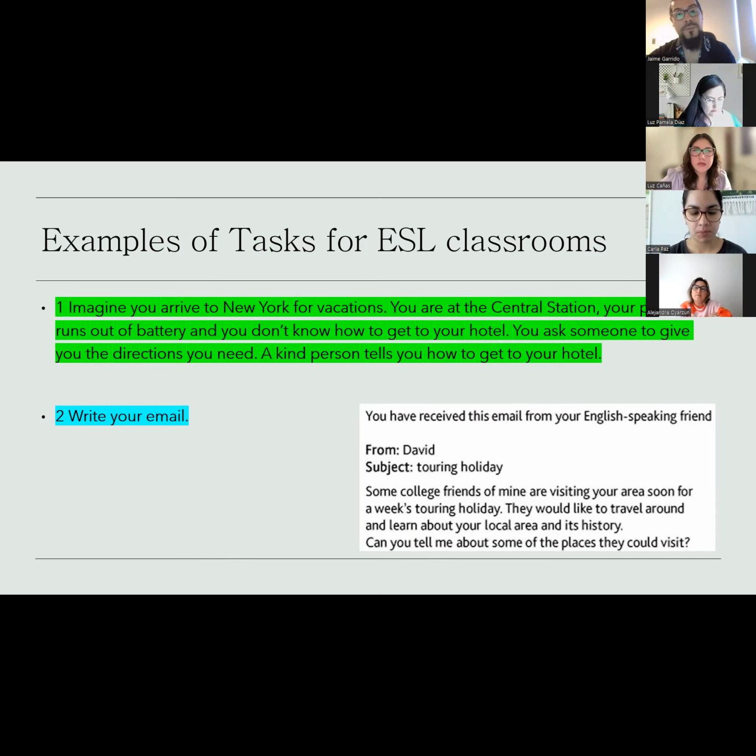For a letter, for an email, for an essay, how to start, how to end. That's also key. And before you are able to write something, you should first see how it looks. You should see examples. The more examples you see, the better.